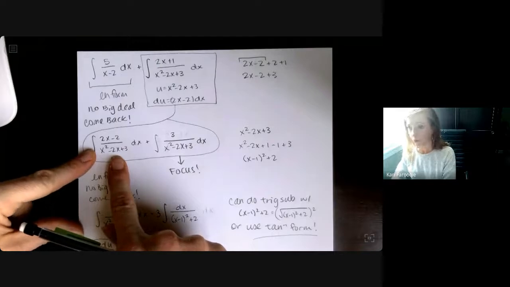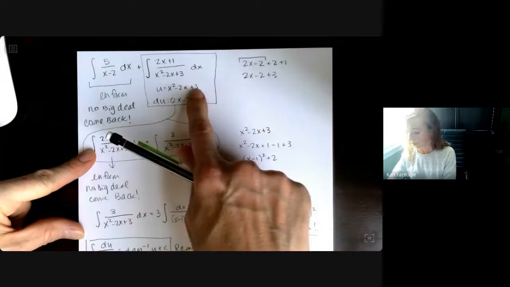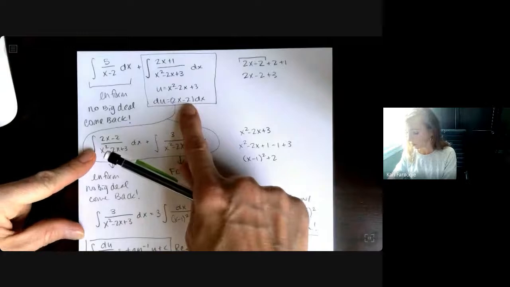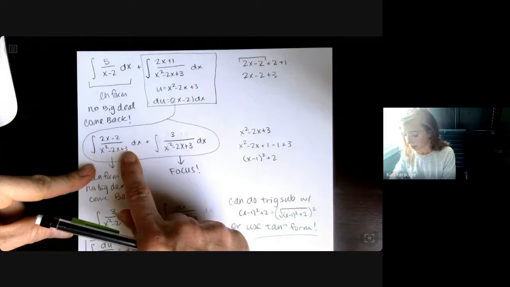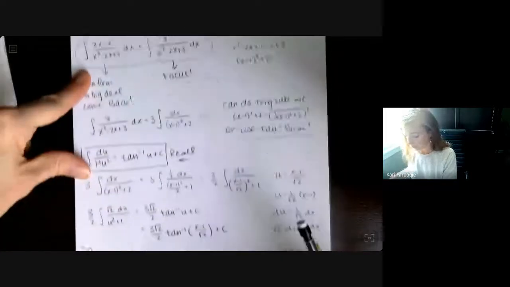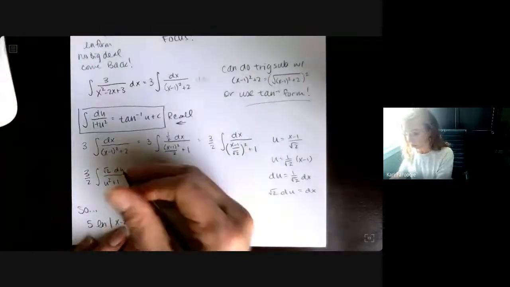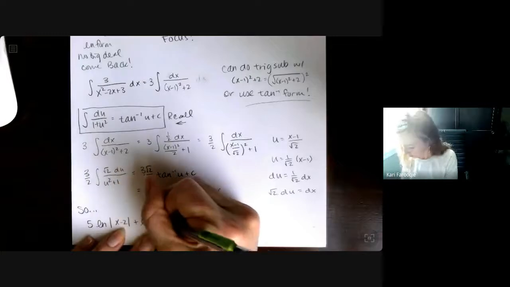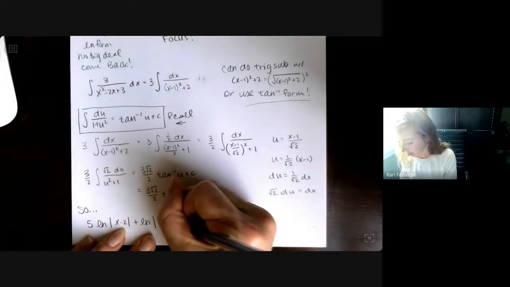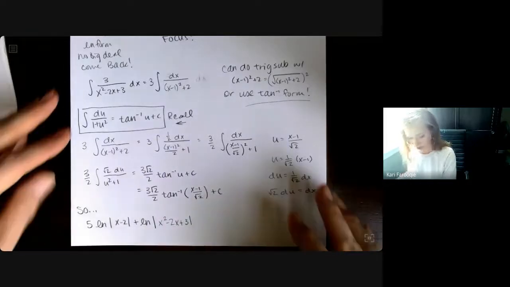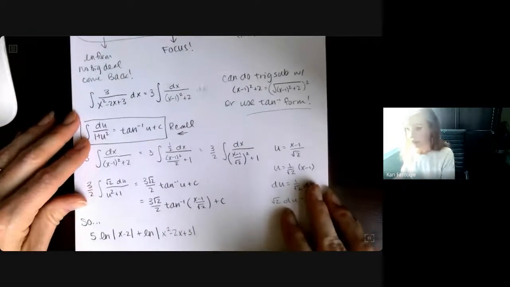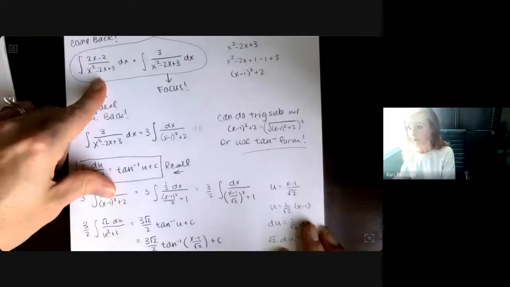You already did the work for it. You said that u was the denominator, du was 2x minus 2. You rewrote it so that you had du over u. So that's just going to be the natural log of u. So plus ln absolute value x squared minus 2x plus 3 for that integral. That one right there.